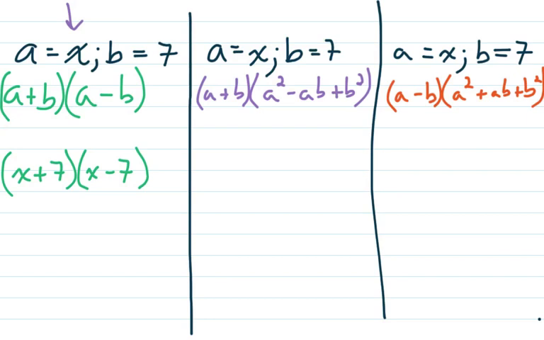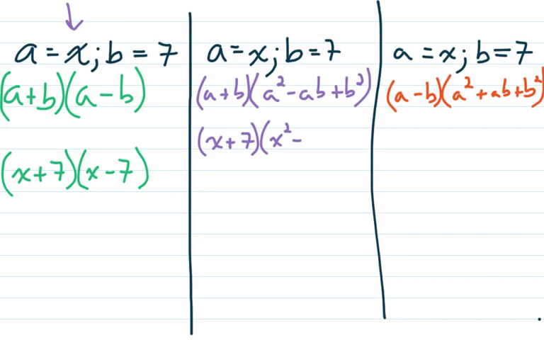And if you look at this one right over here, if I asked you to substitute X wherever you saw A and 7 wherever you saw B, you would end up getting X plus 7, parentheses, A squared, which is X squared, minus X times 7.